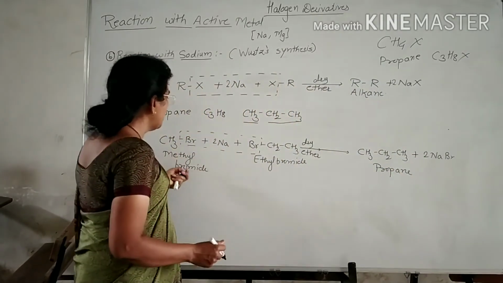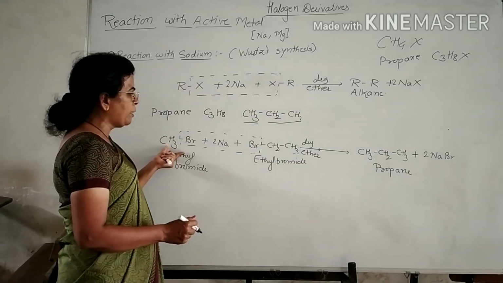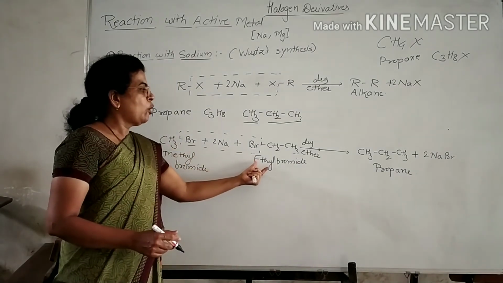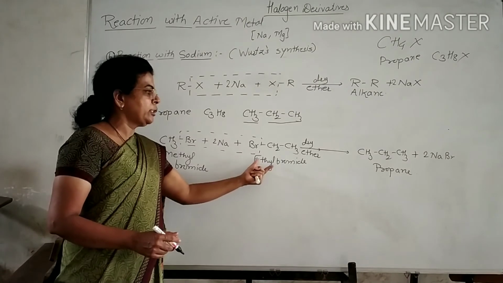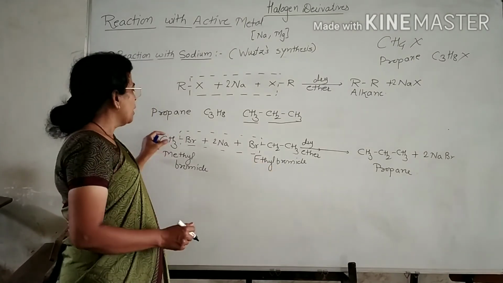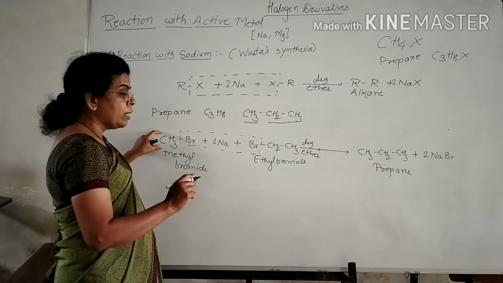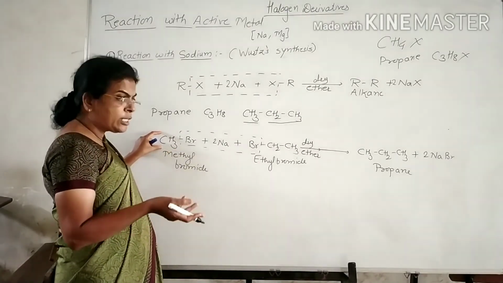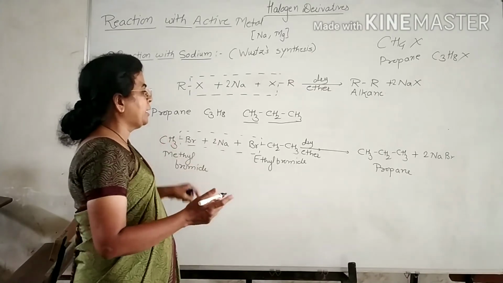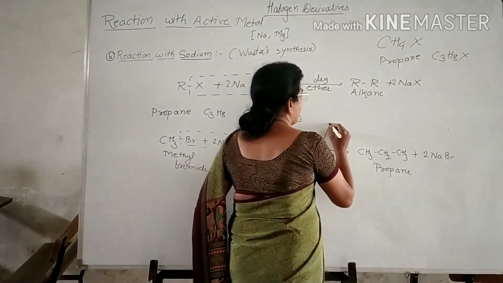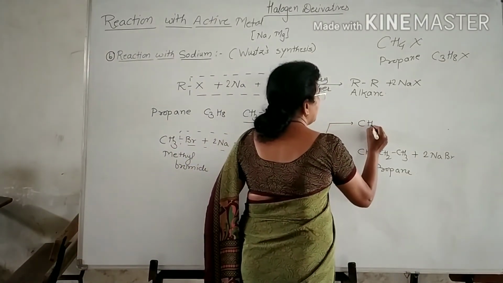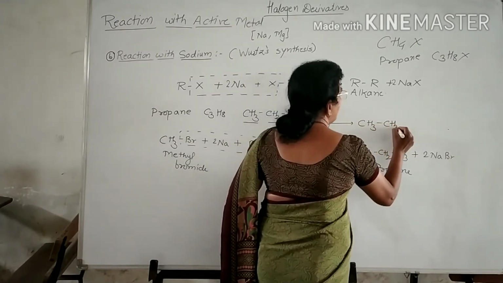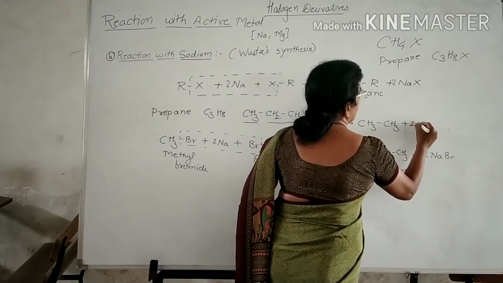But in this reaction there is presence of CH3Br molecules and C2H5Br, that is ethyl bromide molecules. Then this CH3Br undergoes self-coupling, that is, it reacts with itself to form ethane, CH3CH3, plus 2NaBr.